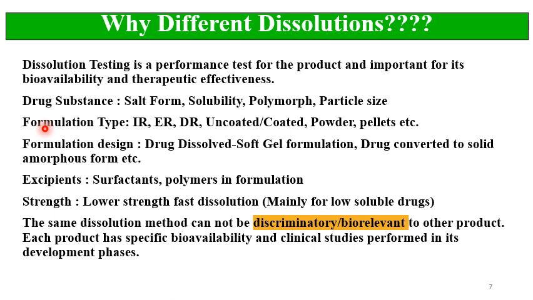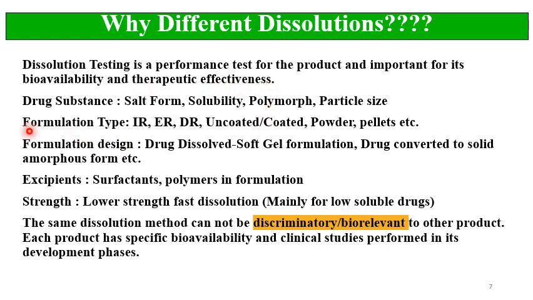Polymorphs also have different bioavailabilities, and drug substances also exist in multiple particle sizes, and particle sizes also have an impact on the dissolution and the bioavailability, and all these things affect the therapeutic effectiveness of the product.